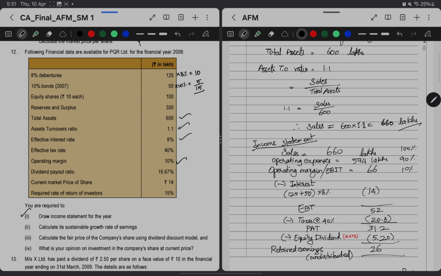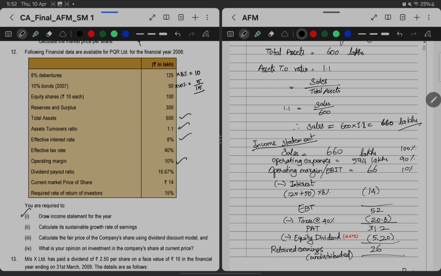That interest rate will come up to 15 lakhs, but we should not take that, since in the question they have mentioned that effective interest rate is 8%. We should consider 8% only. This is because effective interest rate covers all those premiums and then compounding effect and transaction cost, all those things the effective interest rate will take care.